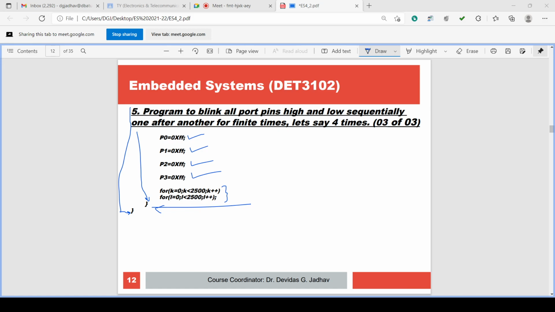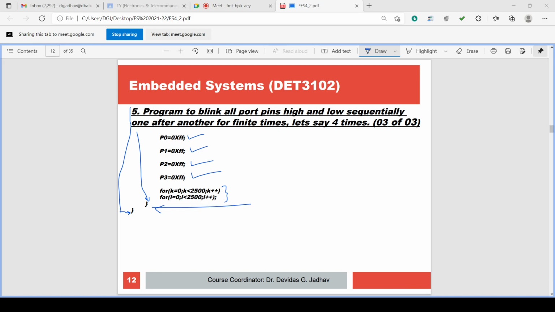And whenever we send a 0 logic on the pin, it will become low, the LED becomes off, it will blink off. So the LED can blink on and blink off. It is called blinking of LED. LED becomes on, LED becomes off. The LED emits light and the LED stops emitting light. This is called blinking of LED.